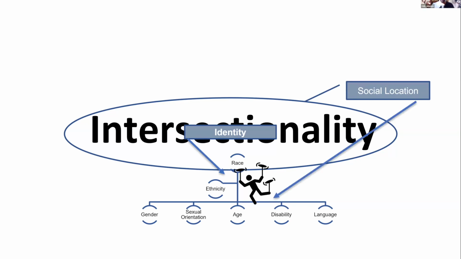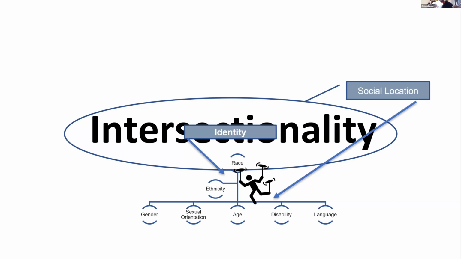Then there's a balancing act. I am cisgender, Black, probably higher income, but I might think of my gender more important or more frequently throughout the day than I do my race, or I might think about my sexual orientation more frequently than I think about my language.